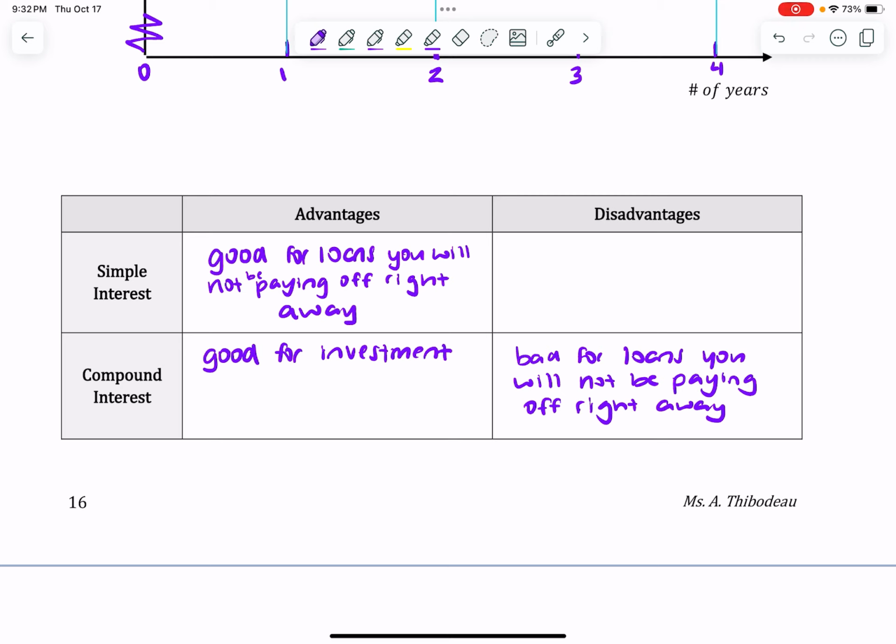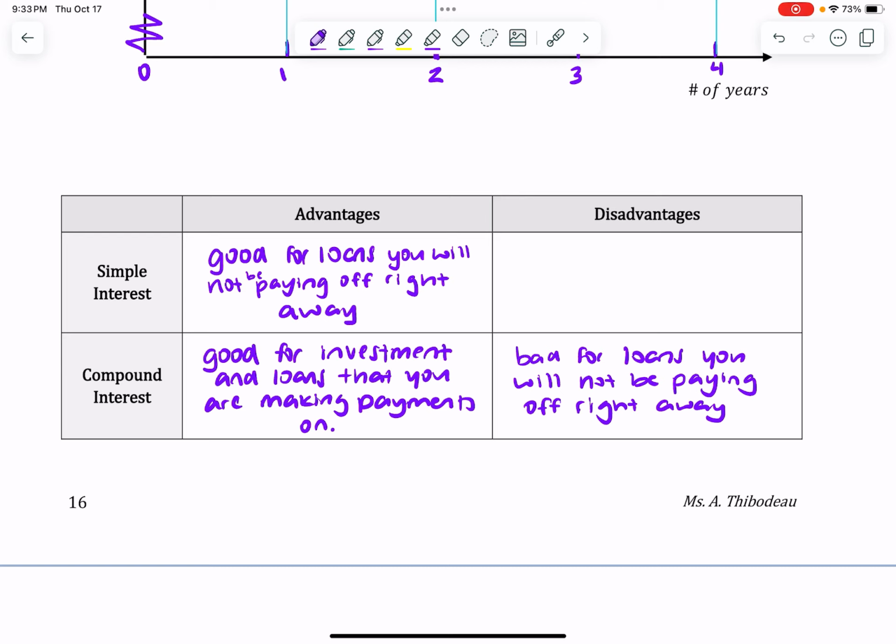So, any investments. Compound interest is also good for loans that you are making payments on. The reason that it's good for loans that you're paying off is because when we talk about what you're being charged interest on, in simple interest, it's always that principal, that original amount.